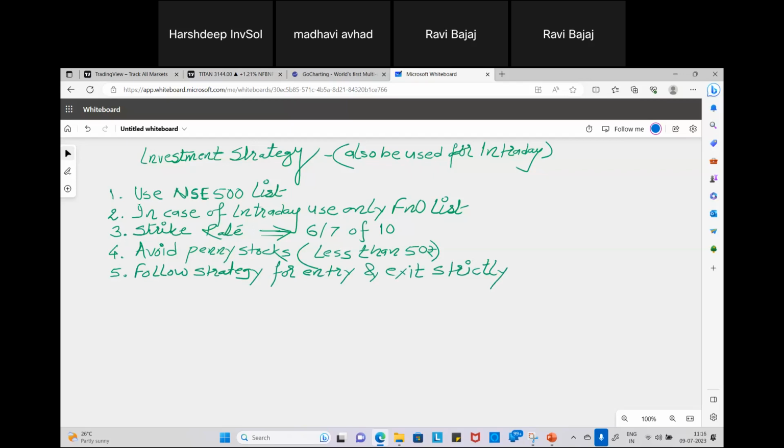What does that mean? If you use this strategy for taking an entry, ensure that you use the same strategy for exit as well. Okay. So that's your entry and exit criteria.